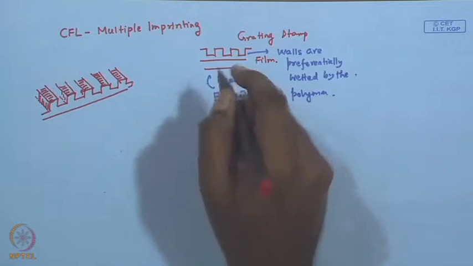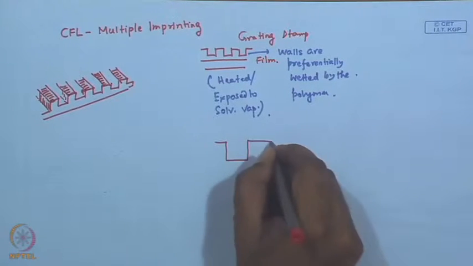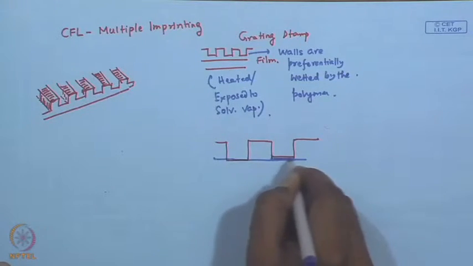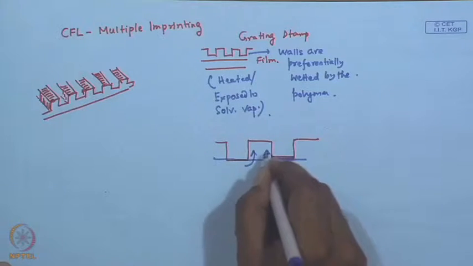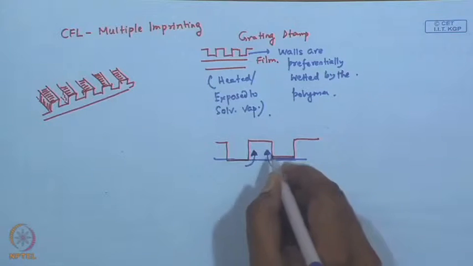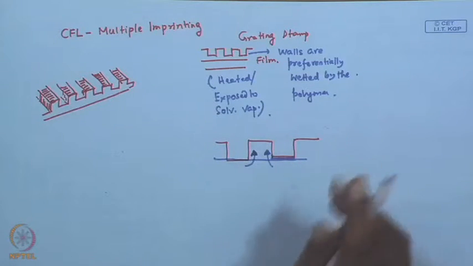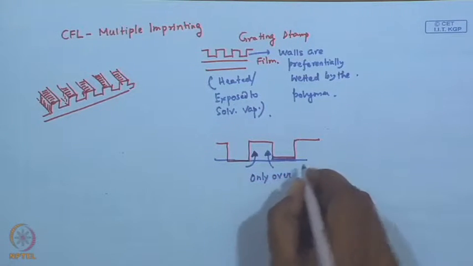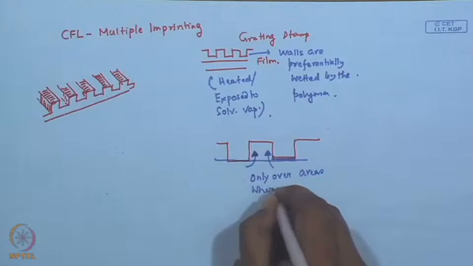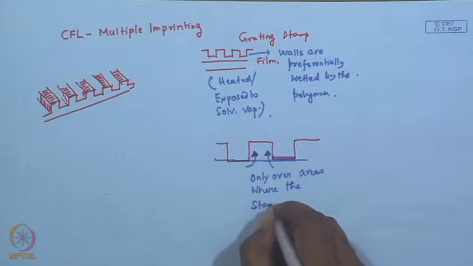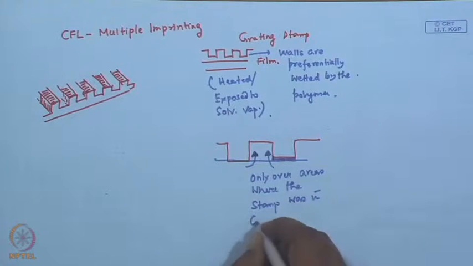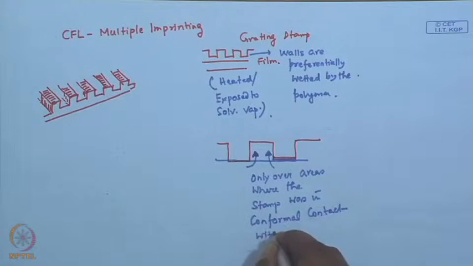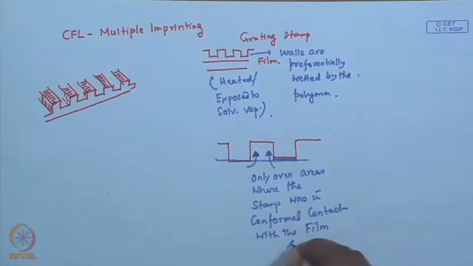If you remember carefully, the pattern replication took place due to confined capillary dynamics, that is, capillary driven flow of the polymer along the stamp walls, or in other words, this flow was possible only over the areas where the stamp was in conformal contact with the film surface.